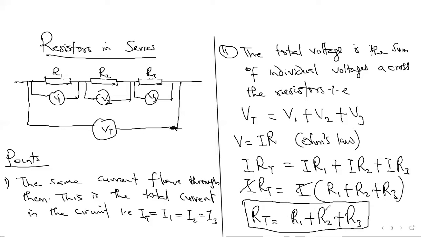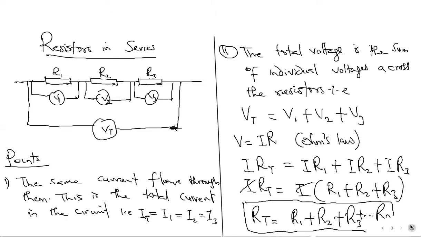If you have more than 3 resistors, you continue to add up to Rn. I just want to generalize it. It's not limited to 3 resistors.